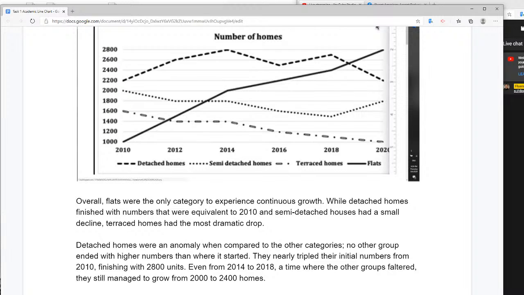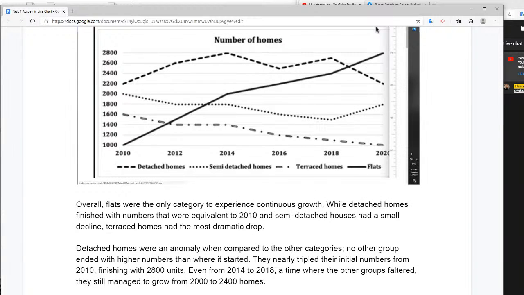So other than a slight plateau where numbers stayed flat at 1,400, they experienced a continuous decline. Continuous, or maybe a steady decline, because it seems to be about the same rate throughout. Okay. Finishing with 1,000 homes.